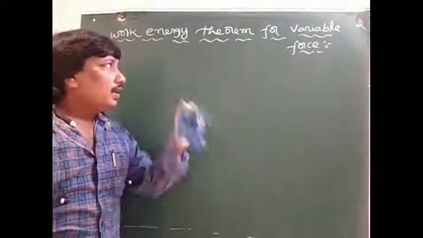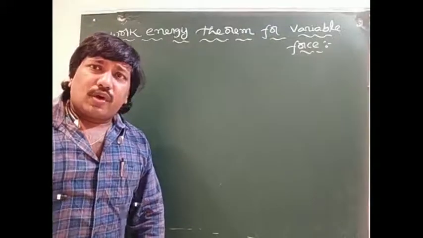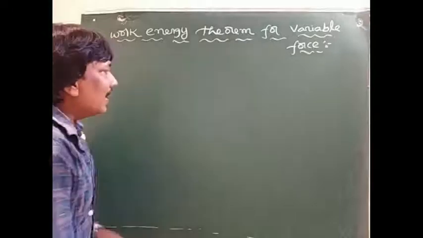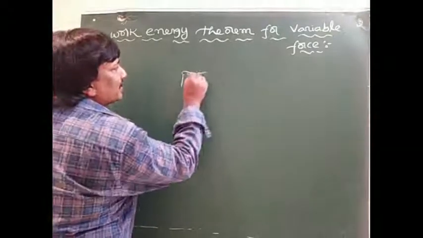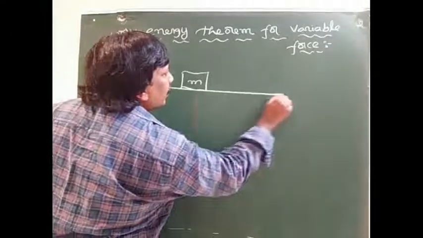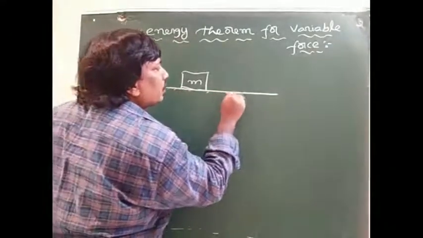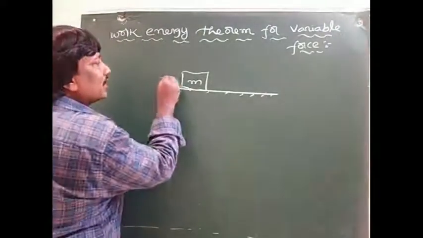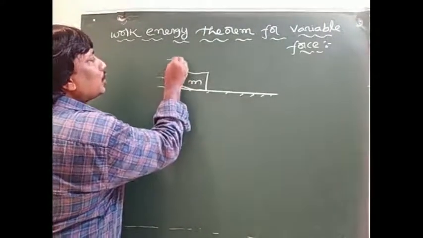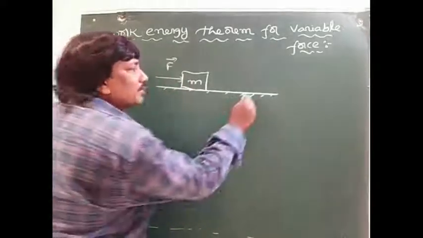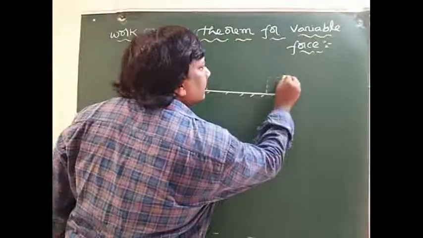So here, in the case of the work energy theorem for variable force, consider a body of mass m lying on a horizontal floor. Now a variable force F bar acts on the body, and the body is displaced some distance.